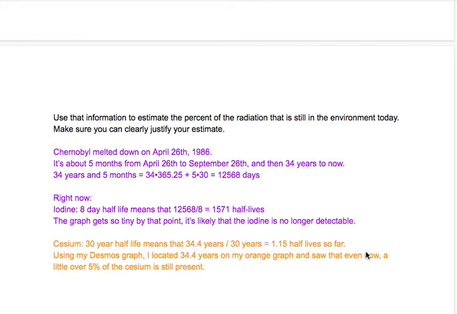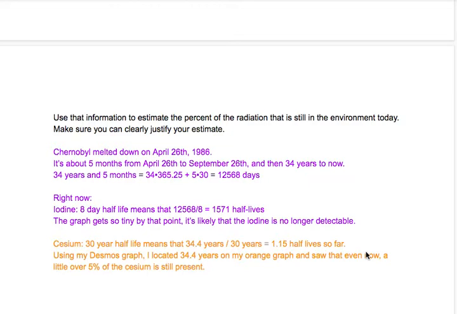So for iodine, if it's 8 days for every half-life, then it will have done a half-life 1,571 times since Chernobyl melted. The graph, if you look, would get so tiny by the time you count it out to 12,568 days.